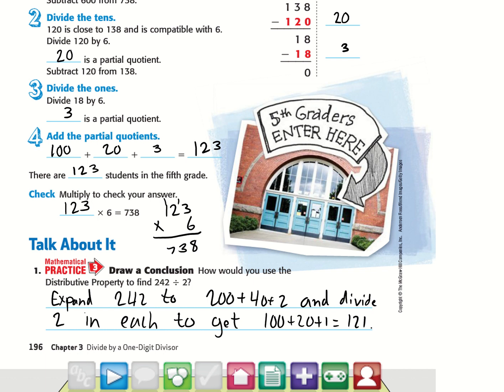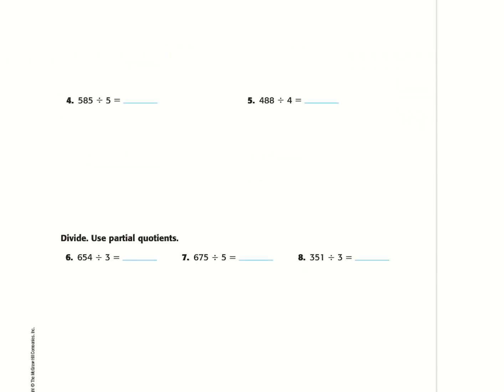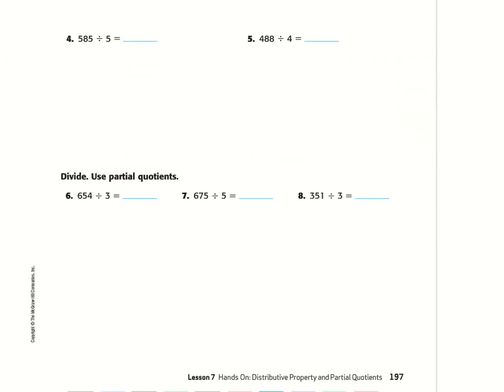Now before I send you guys off to your homework, I want to do the partial quotients with you guys one more time. So we have 3, and then the doghouse is going to have 654. So we're in the hundreds place, so I have to find a number that is compatible with 3 that's in the hundreds place.